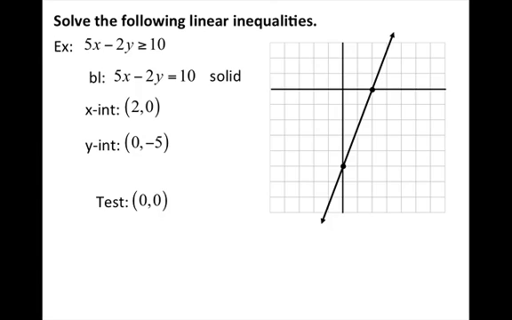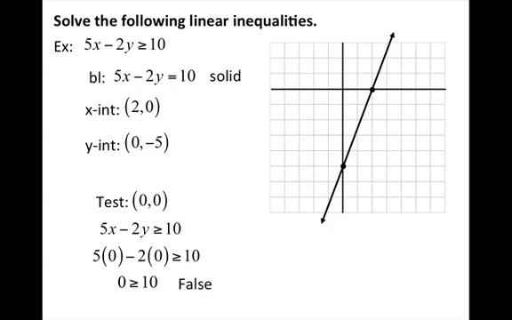So go back to the original inequality, 5x minus 2y is greater than or equal to 10, and plug a 0 in for x and y. When I plug zeros in, my entire left-hand side is just going to be a 0. So I get 0 is greater than or equal to 10. That's false.